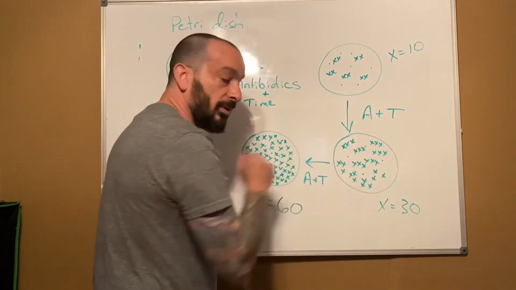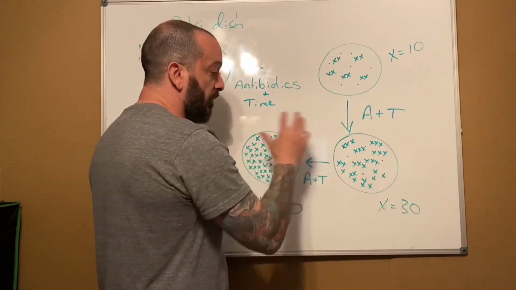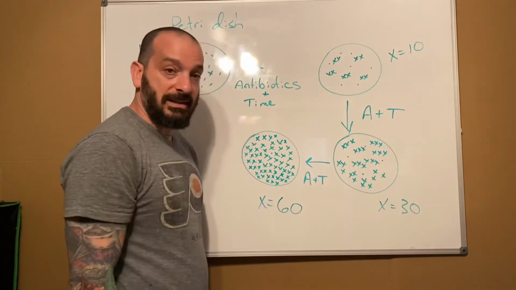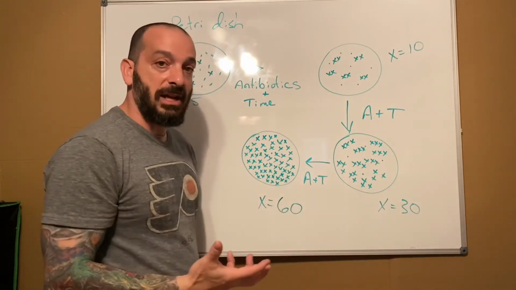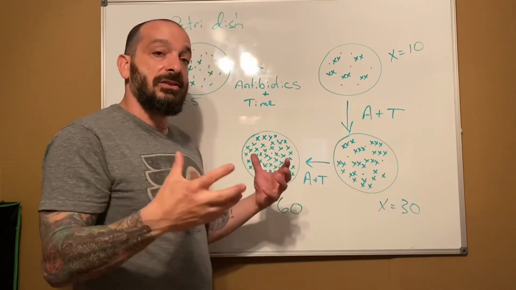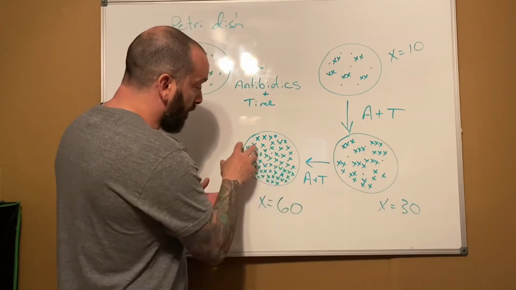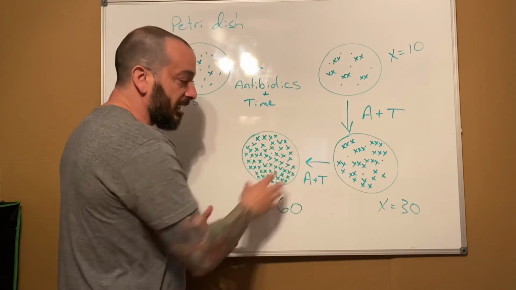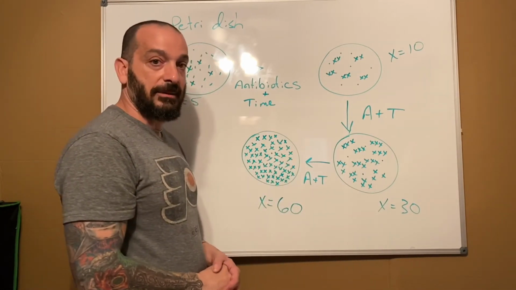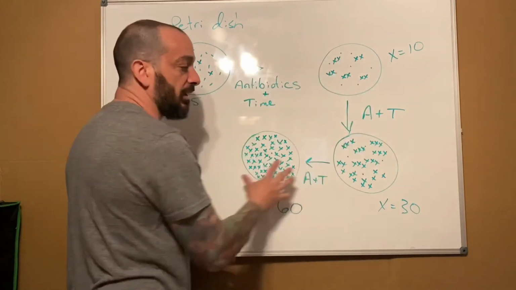We apply some more antibiotics and we wait some more time. We kill off just about all of the bacteria that doesn't have that mutation, but the bacteria that does have that mutation continues to proliferate. So now we're up to 60 of those bacteria that are resistant. So this is evolution, right?